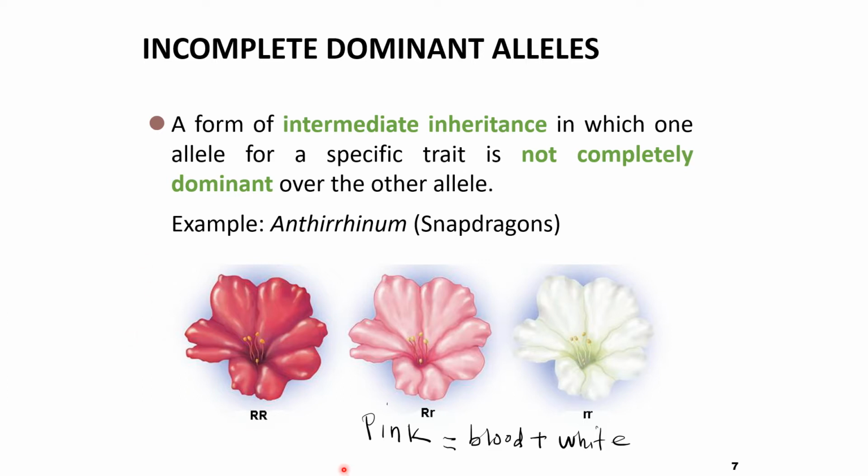For example, let's say the dominant allele is R, capital R for red, and the recessive is small r for white. When it exists in the heterozygous, the flower does not show the dominant color, red, but shows an intermediate between red and white, that is pink. That we call incomplete dominance.